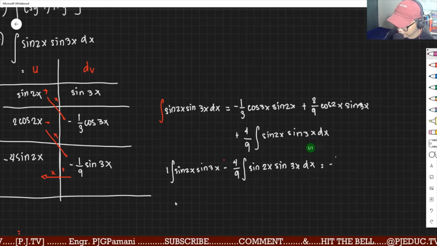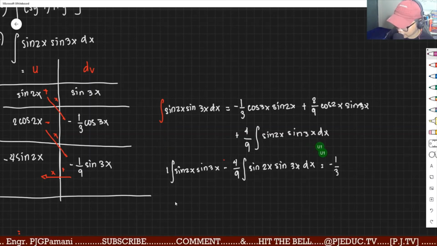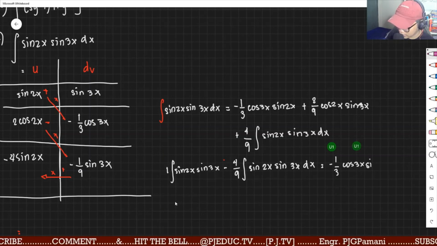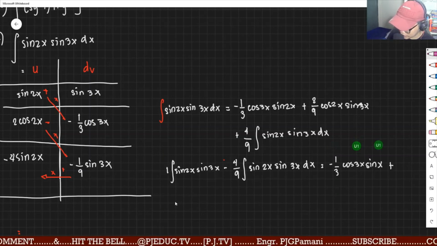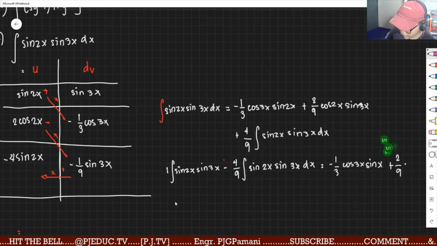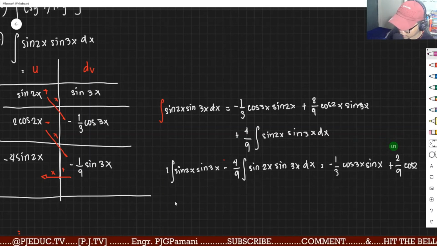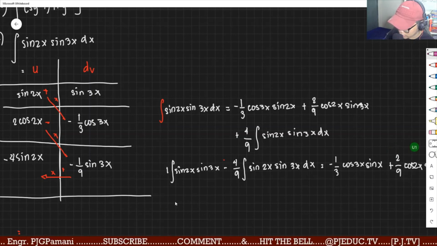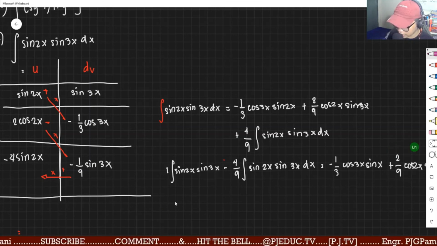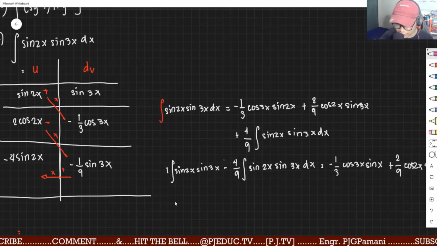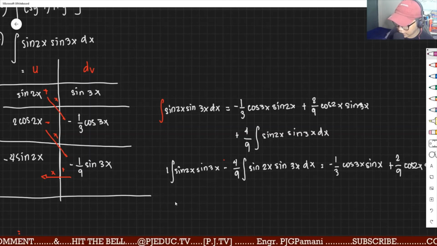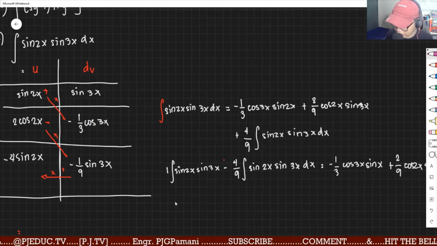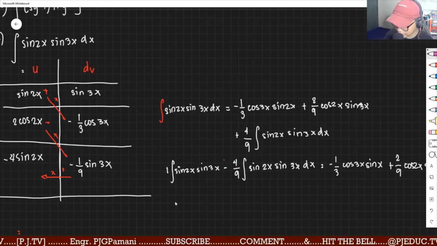equal to negative 1/3 of cosine 3x and sine 2x plus 2/9 of cosine 2x and sine 3x. Ngayon, simplify mo yun. 1 minus 4/9. That is what? Ano yung 1 minus 4/9?